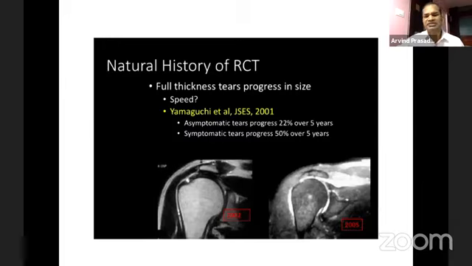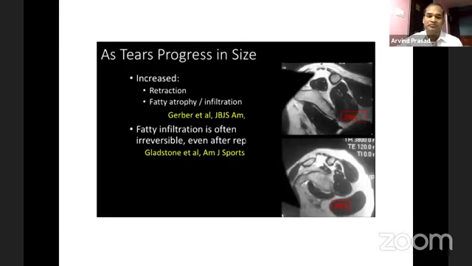So what is the natural history of this rotator cuff tear? If there is a full thickness tear, there is a high chance of progression, particularly in the traumatic ones. Traumatic ones will have 50% progression over 5 years, and atraumatic, asymptomatic ones will have 22% progression. As the size of the cuff tear progresses, there will be retraction.